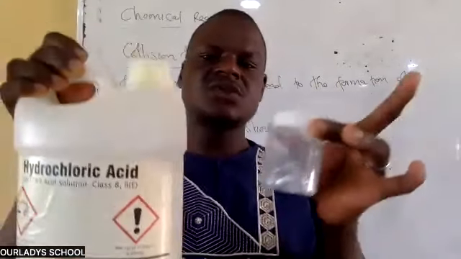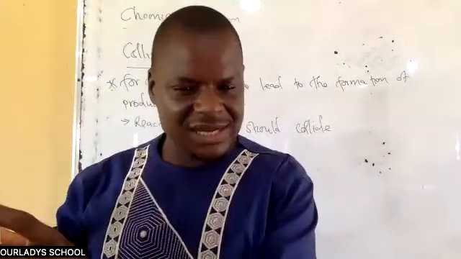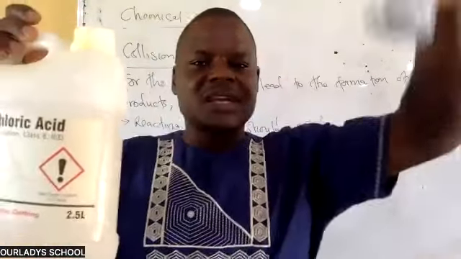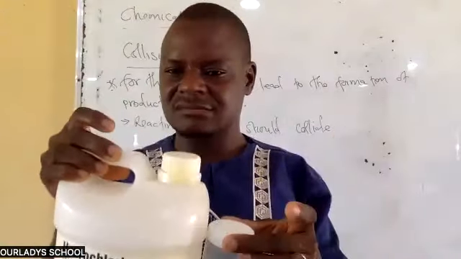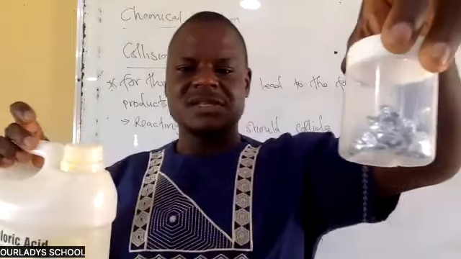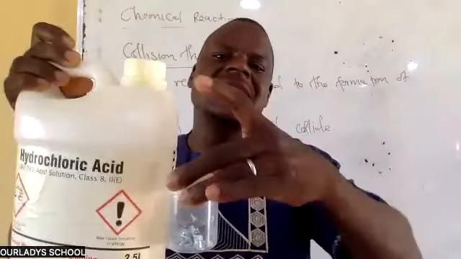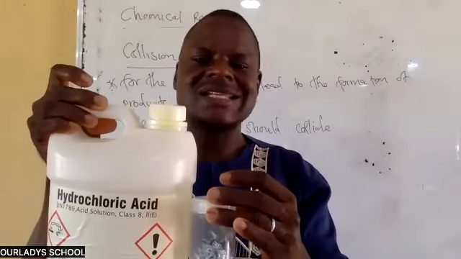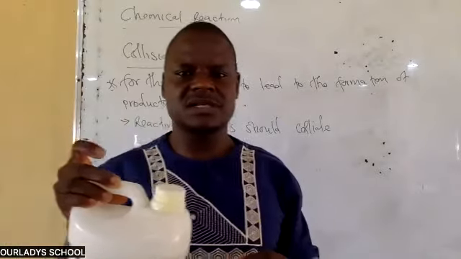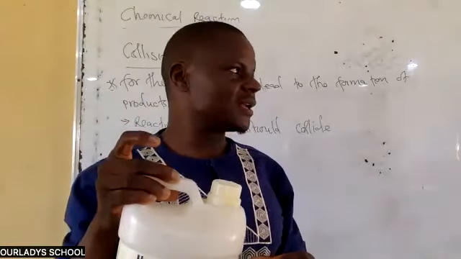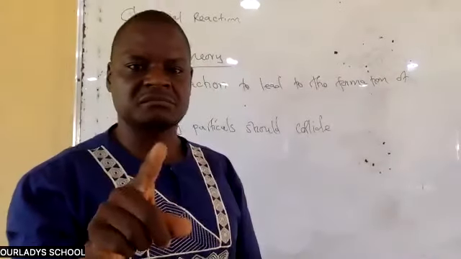You're saying that when these 2 are reacting, for there to be products at the end of the day, these 2 should be put in one reaction vessel so that they collide. Otherwise, magnesium ribbon is in here, HCl is in here, you bring them closer without there being a direct collision contact, believe you me, there will be no product. That's what we are saying. That is the first assumption.